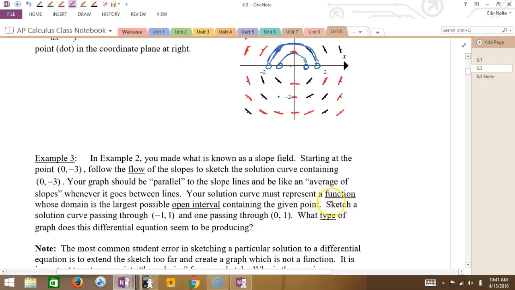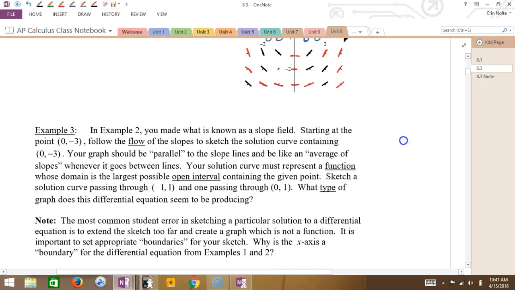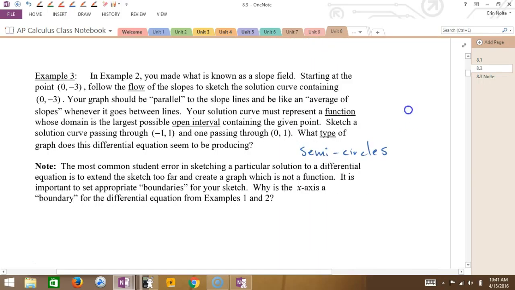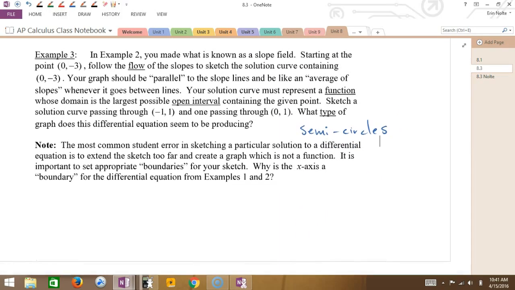The slope field on the test is not the same as this one. Did they give me any other points? Did I go through all the points they listed? 0, -3.